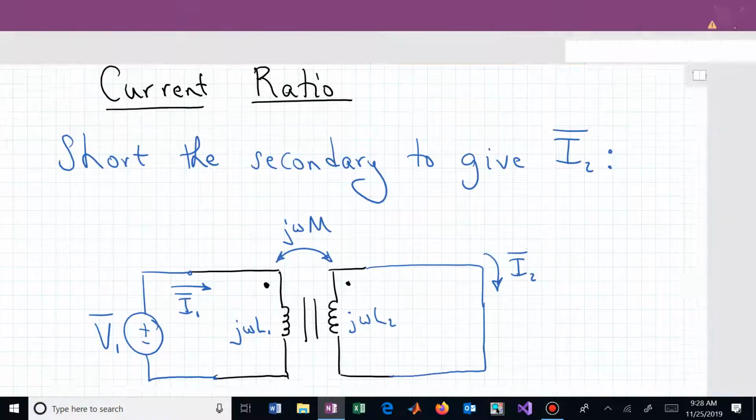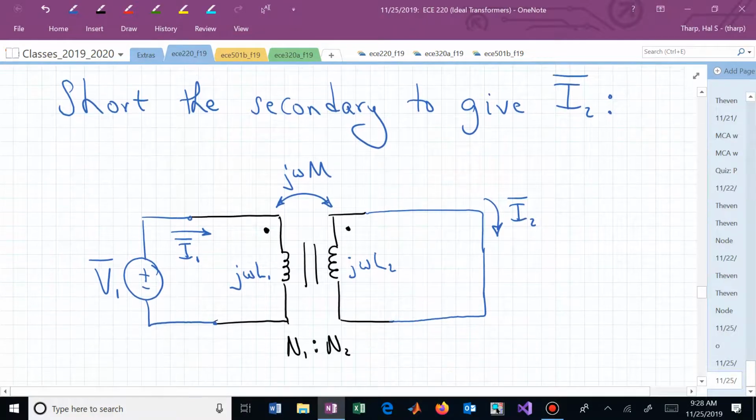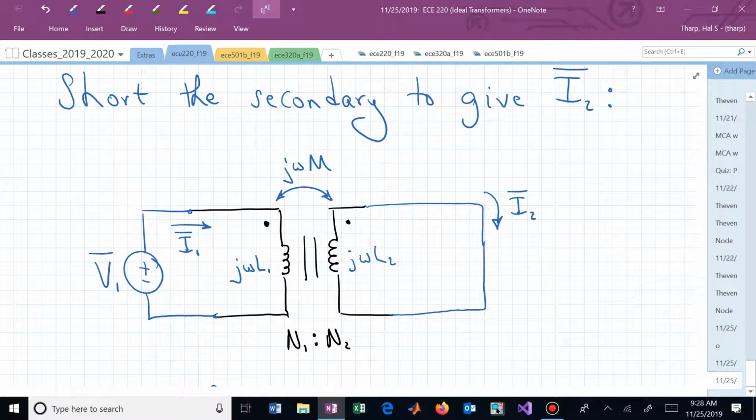And how do we introduce the mutual inductance with its polarity on the secondary side? Now we use the dots, don't we?